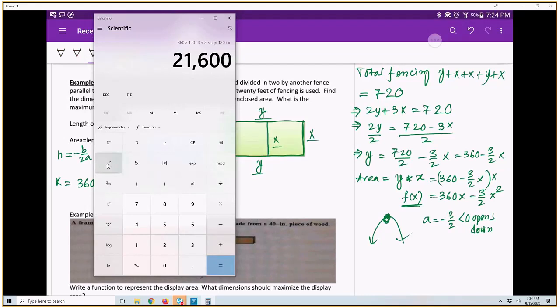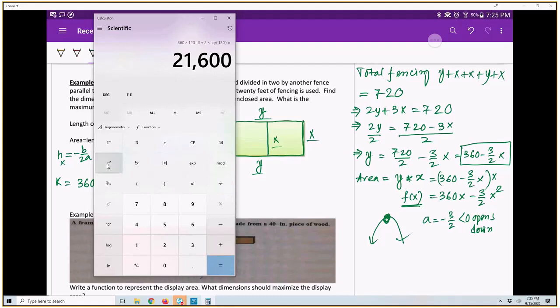And again, like the last problem, we actually have answered all the questions by just doing this much. So it asked you for the length of the fence. Remember, the length of the fence is given by y, and your y is given by 360 minus 3 over 2 x. The width of the field is x, and we found x. x is the x coordinate of the vertex, which is 120.